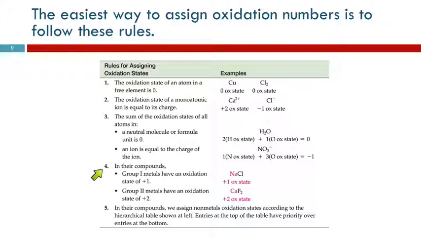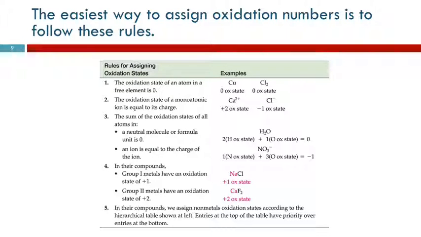I think this rule is a little bit redundant. Group 1 metals in compounds have an oxidation state of +1. Group 2 metals have an oxidation state of +2. Well, if you look at the ions in these, sodium's always going to be +1 because sodium is always +1 as an ion. And calcium is in group 2, so of course it's going to be +2.